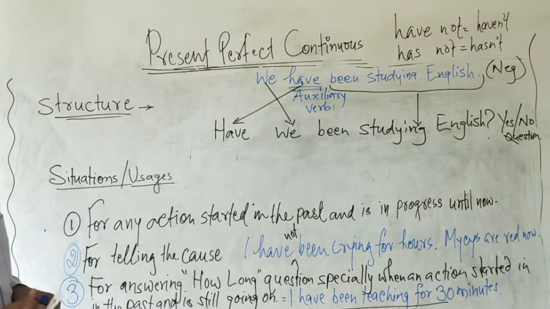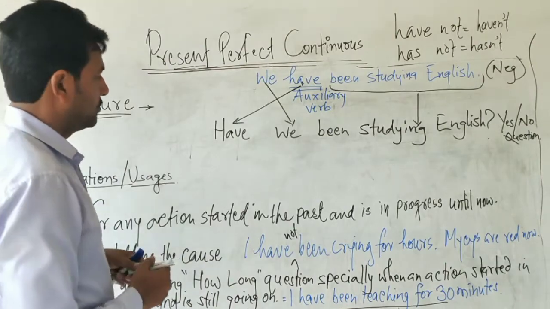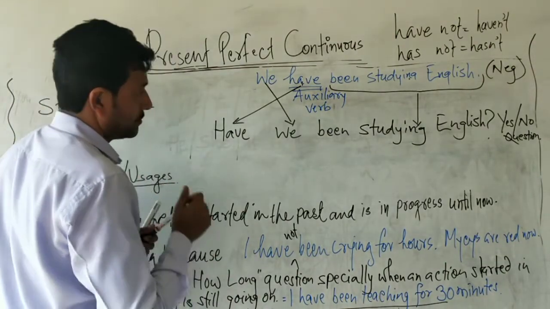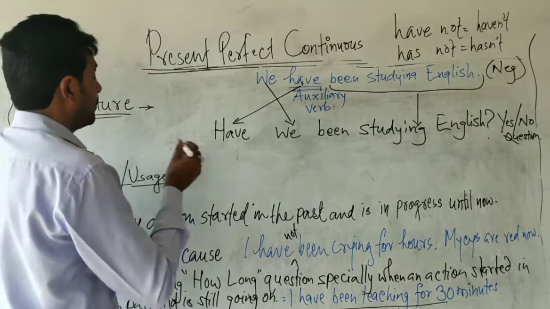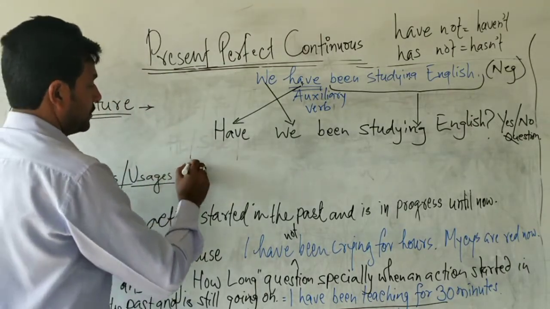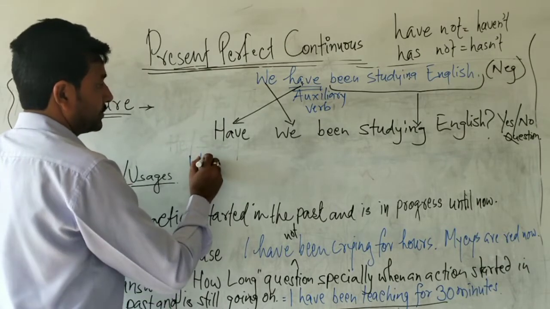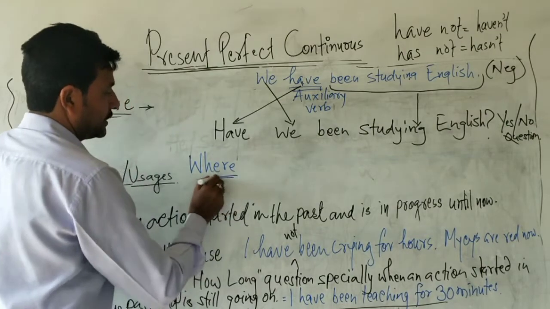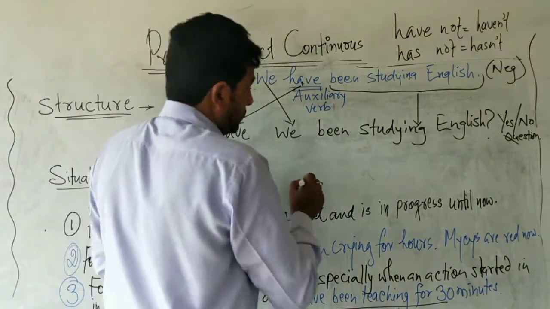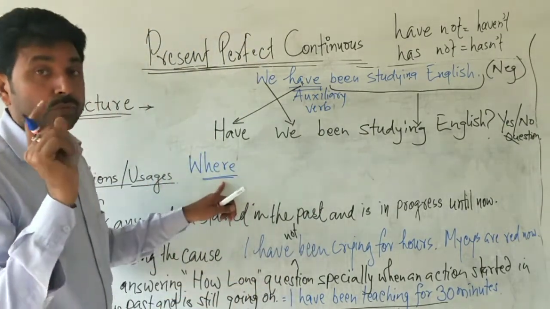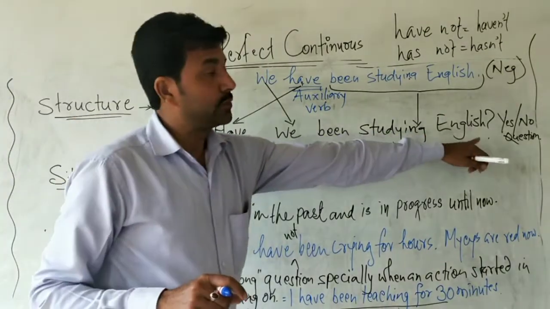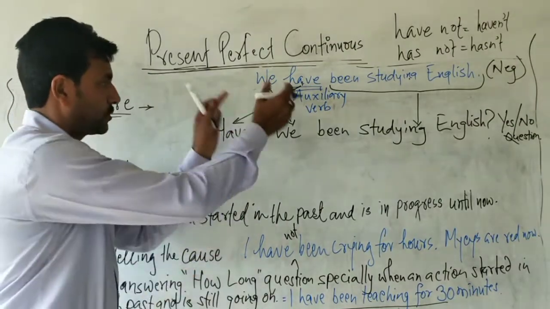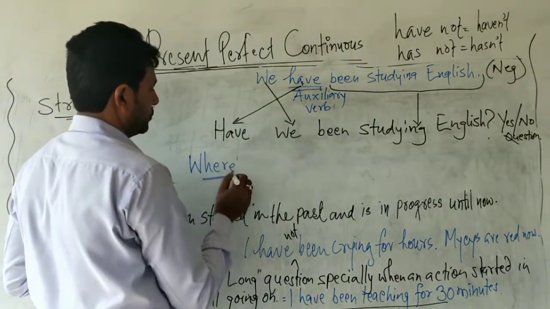And if you want to use WH question, just add here WH. If you use here WH question, use it here. And sometime, especially with what, you have to remove the object, otherwise when, where, you can drop down usually.